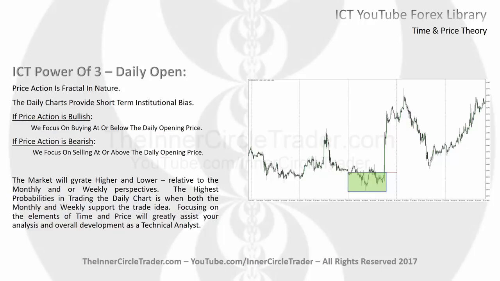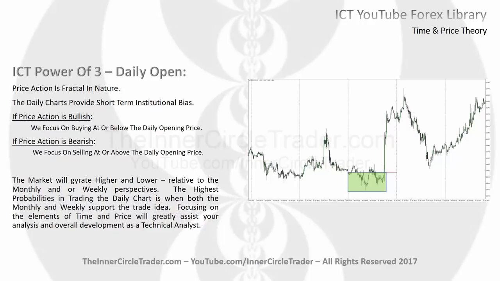The highest probabilities in trading the daily chart are when both the monthly and weekly support the trade idea that you would be using or hunting on the daily. Focusing on the elements of time and price will greatly assist you in analysis and overall development as a technical analyst. If we look at this representation of a daily range here, notice I'm only highlighting one specific day.